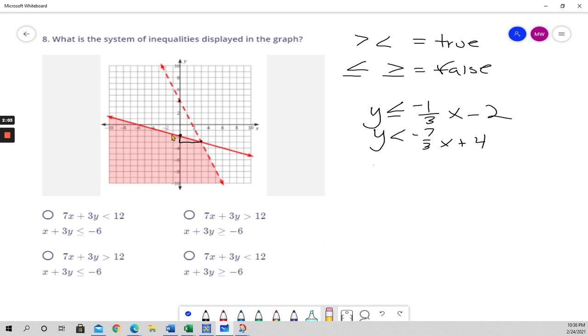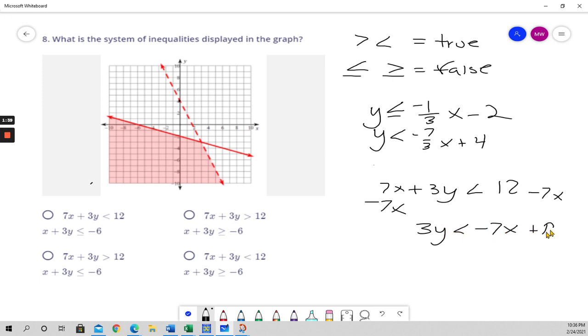And now I'm going to take my equation. So I'm going to start with this first one over here: 7x plus 3y is less than 12. I'm going to subtract 7x from both sides. I'm going to get 3y is less than negative 7x plus 12.